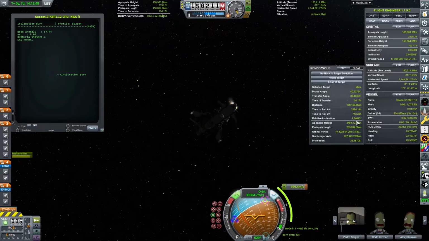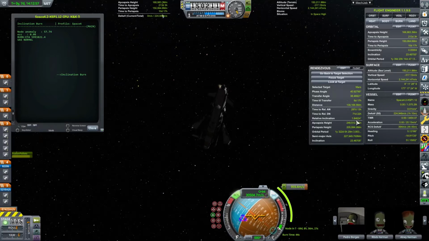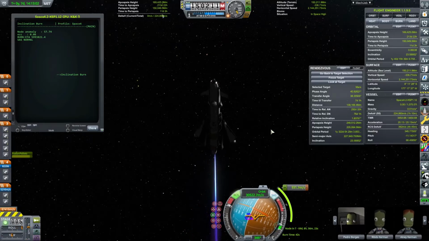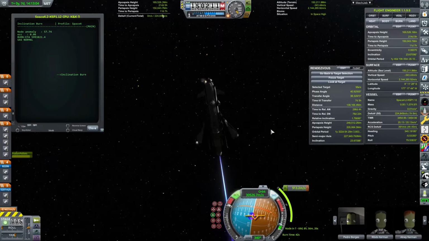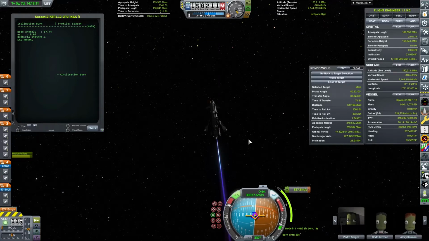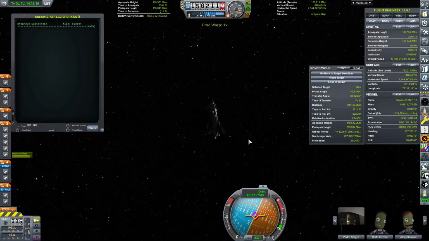And this will now have a slight correction because we are not in the optimal position, which is the ascending node and descending node. Because of that, we will not be able to do a full correction, but it will be the correction needed to do the next burn. Okay, and that's it. So now we are just waiting for the prograde.